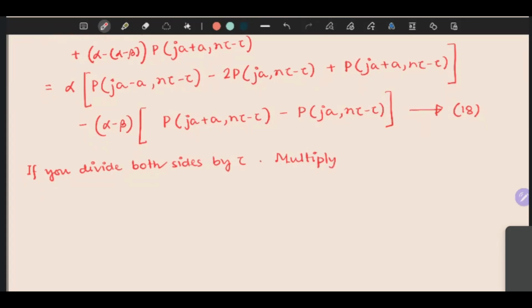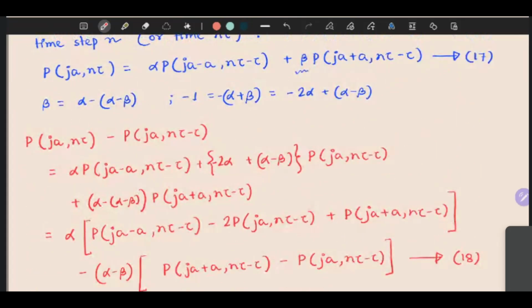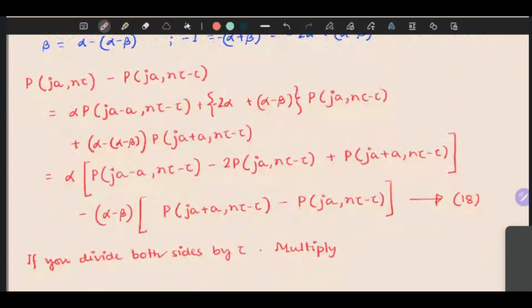So if you divide, this becomes p J n t minus p J n t minus tau by tau.